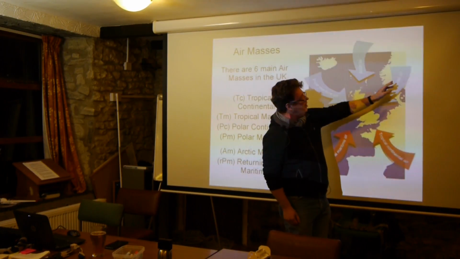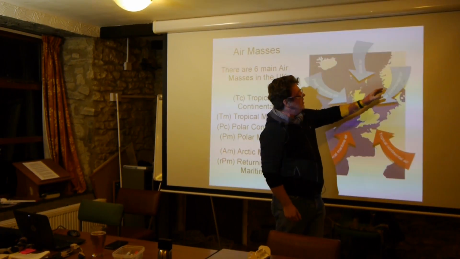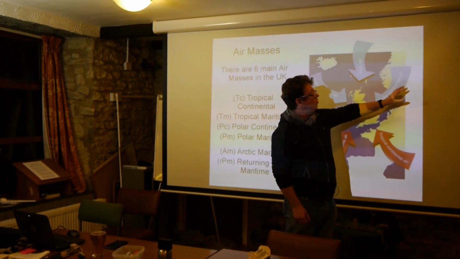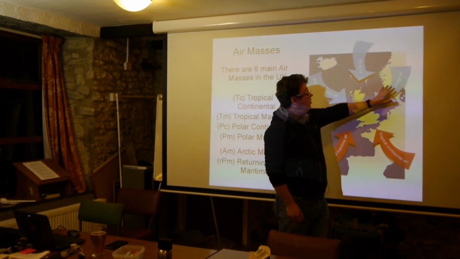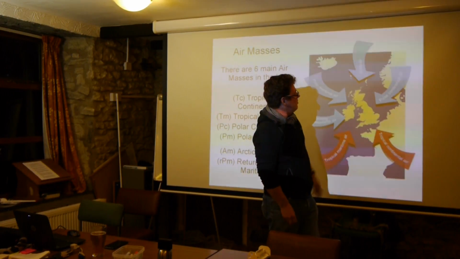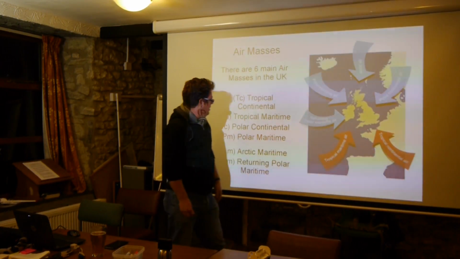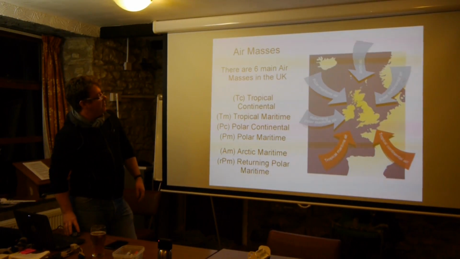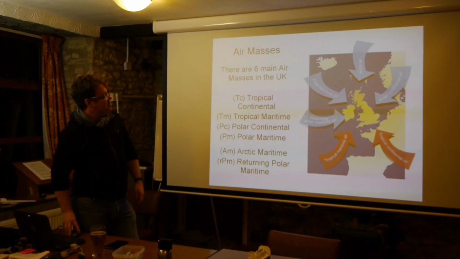And then polar continental air is similar to Arctic air, but it's probably had a longer journey over cold continental land rather than coming quickly down from the poles. So those are the 6 different air masses that we tend to talk about when we're characterising the weather and the air that we're in the UK at different times.